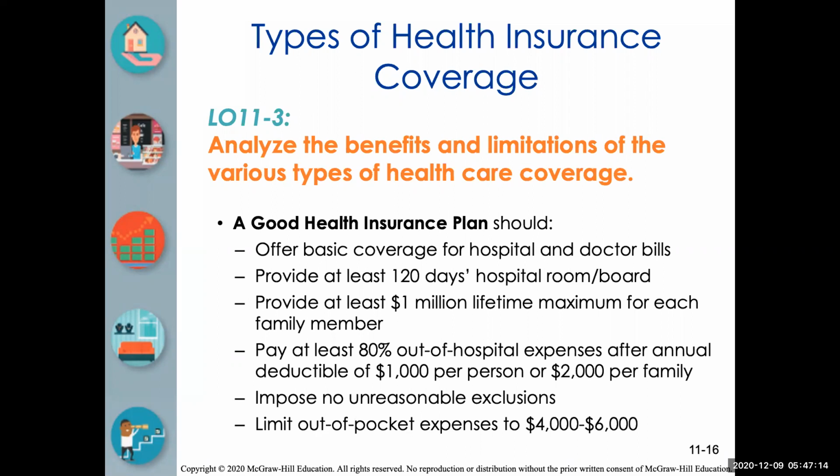And then you also want there to be a maximum out-of-pocket expense, meaning that there's a cap at which you have to spend money. Anything above and beyond the MOP, the maximum out-of-pocket, the insurance company will pick up. Typically the MOP is somewhere between $4,000 and $6,000, depending upon the type of policy that you select.